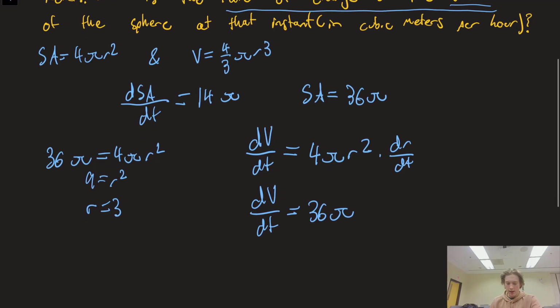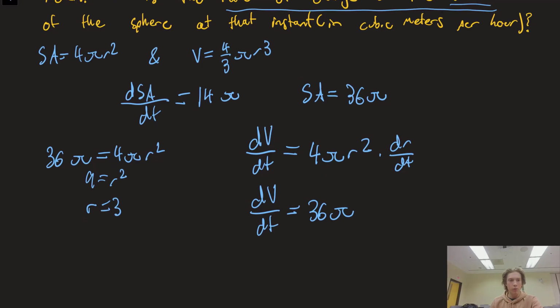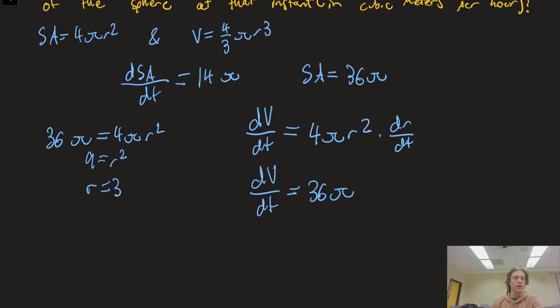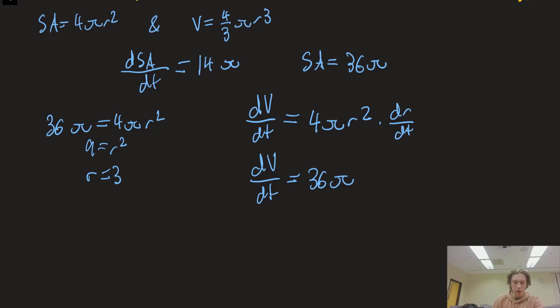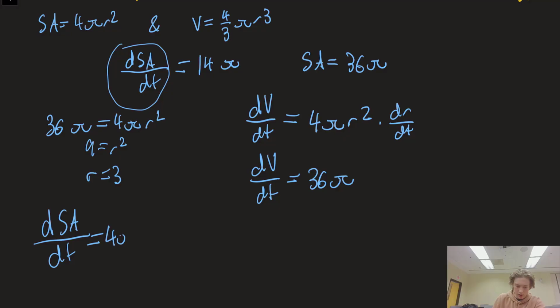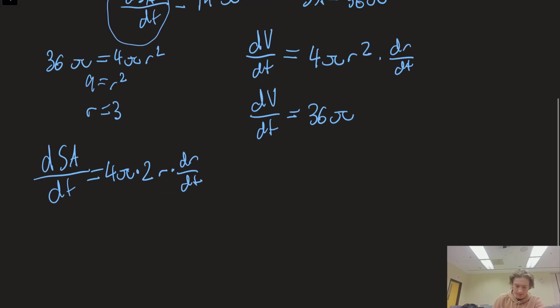And now we need to find the derivative of radius with respect to time. To do this, we'll take the derivative of the surface area formula. And because we already know what dS/dt, the derivative of surface area with respect to time, is, this will give us the derivative of radius. So dS/dt is equal to 4 pi, dropping the 2 down, times 2r times dr/dt.